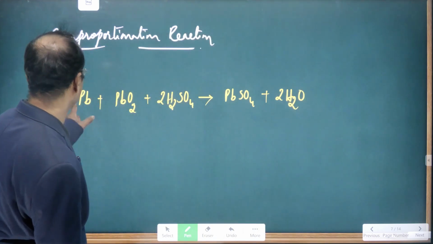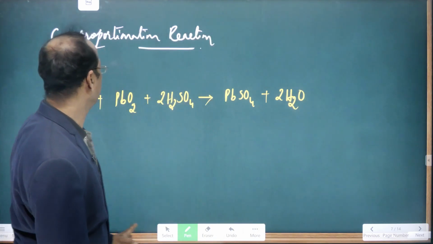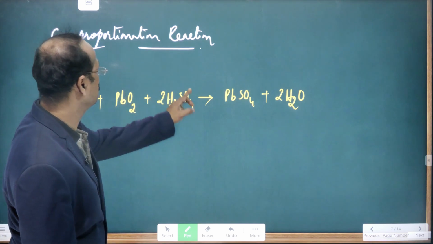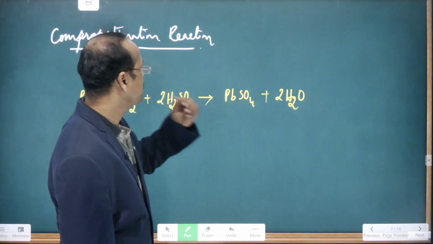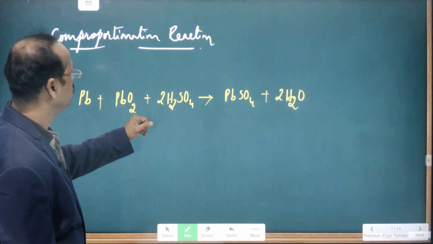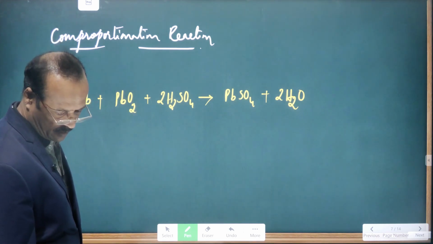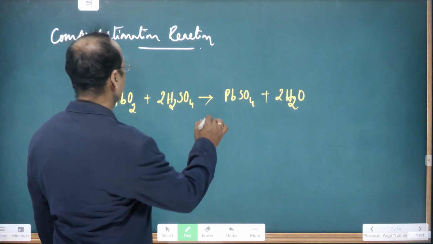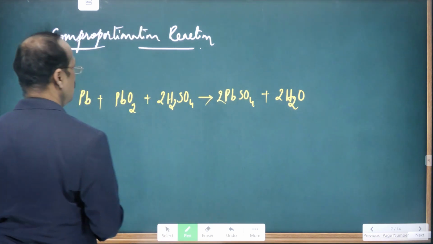Is it balanced? Let's check. 1 plus 1, 2 Pb, 2 Pb, okay. Oxygens: 2 plus 4 sulfates, 2 fours are 8, total 10 on each side. So write it correctly, and then it's balanced.